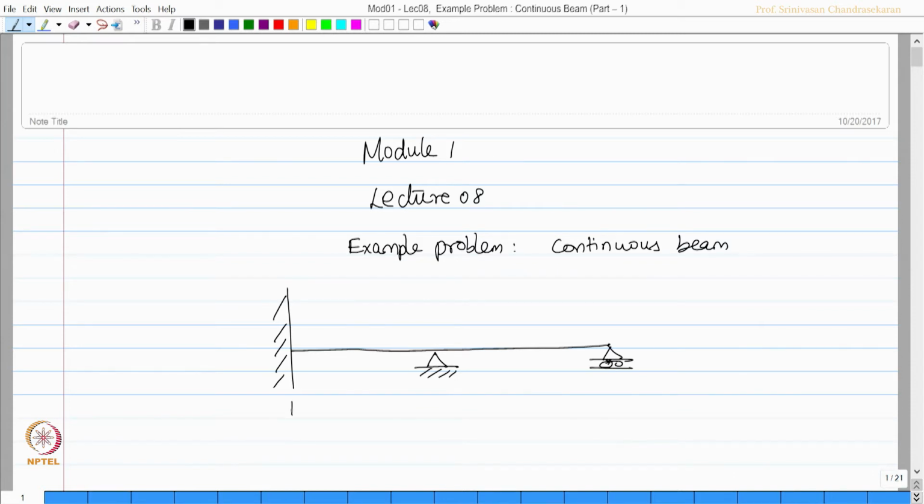Let us say this span is 3 meters and this span is 5 meters.